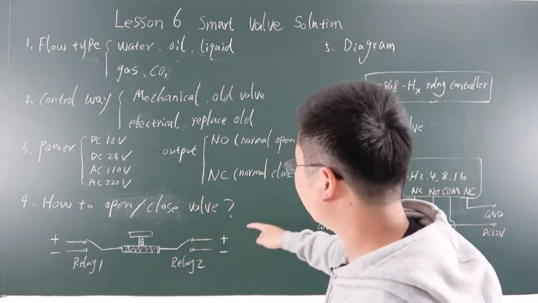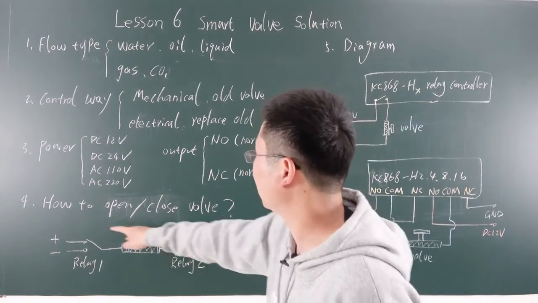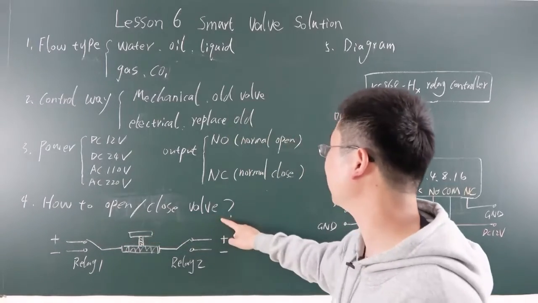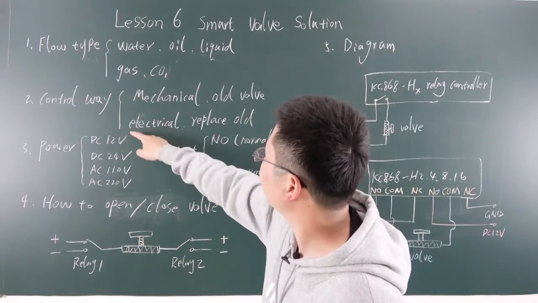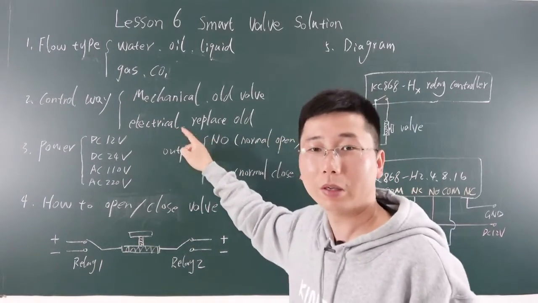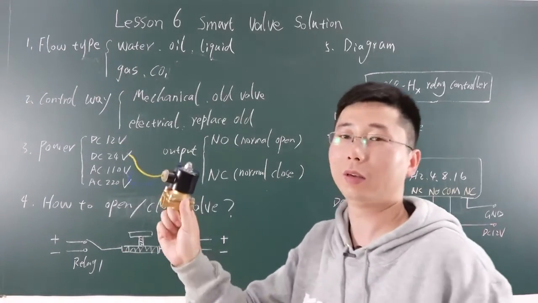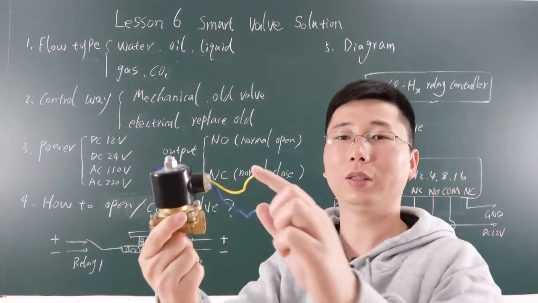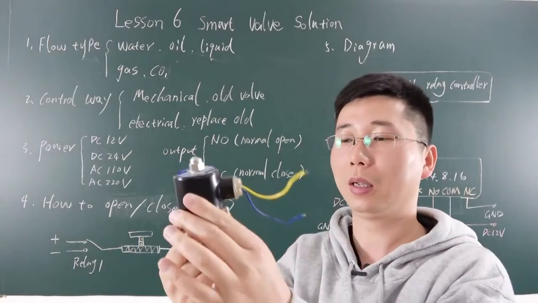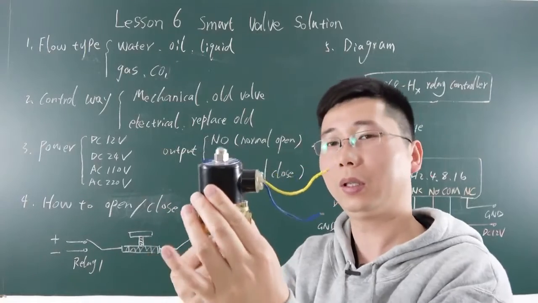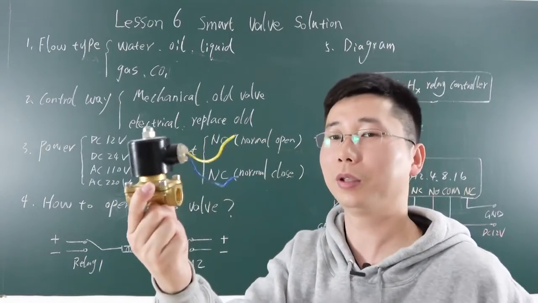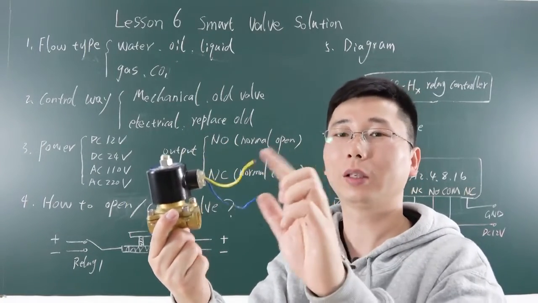Okay, let's look at the principle of how to open and close the valve. If you use this electrical valve, that will be very easy. Just like this valve, give the power to these 2 points, then it will open and close. So it can just give power or not give power.